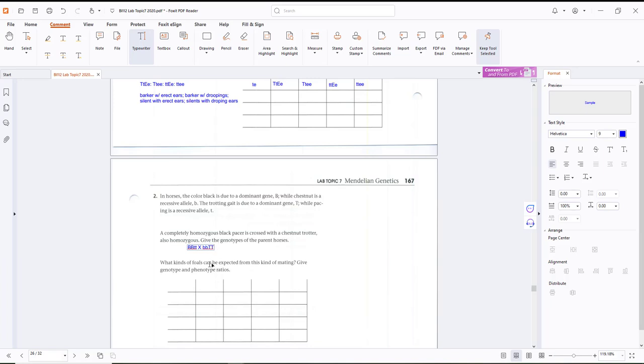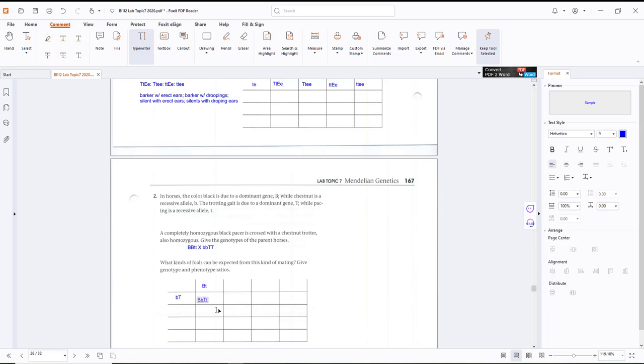Okay, so now I have to figure out the gametes. With the gametes, remember we do FOIL, so big B, little t is the only possible gamete I can do here. So first, outer, inner, last is always going to be big B, little t. Same with this guy, it's always going to be little b, big T. So the only outcome I can get is big B, little b, big T, little t.